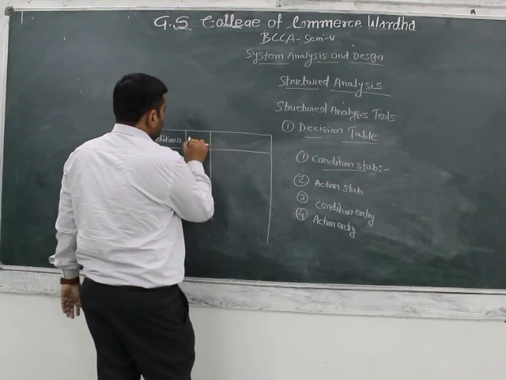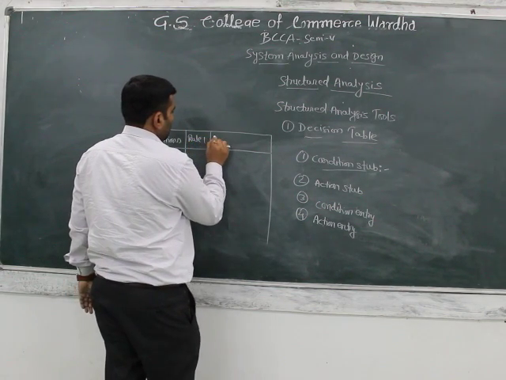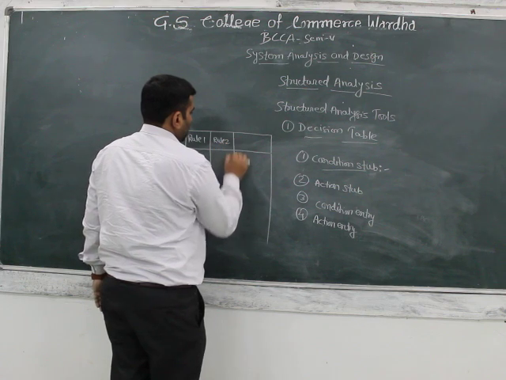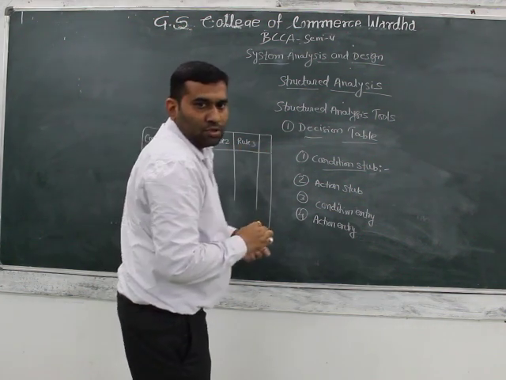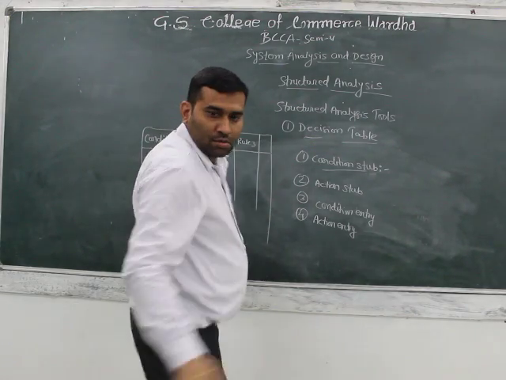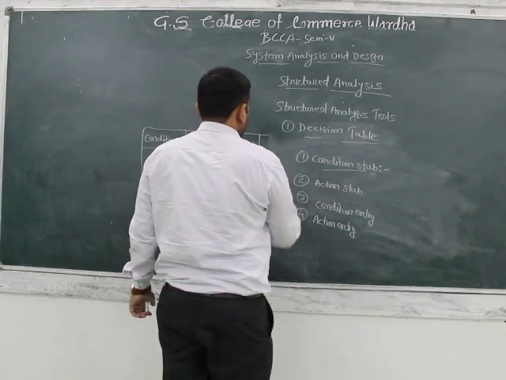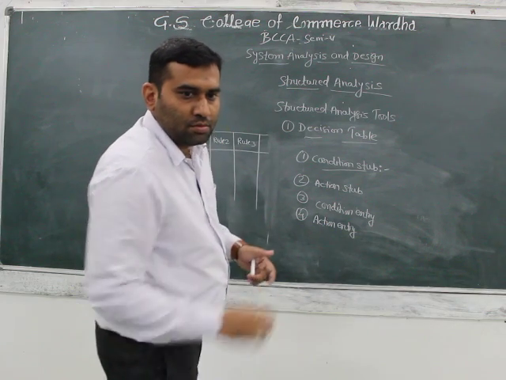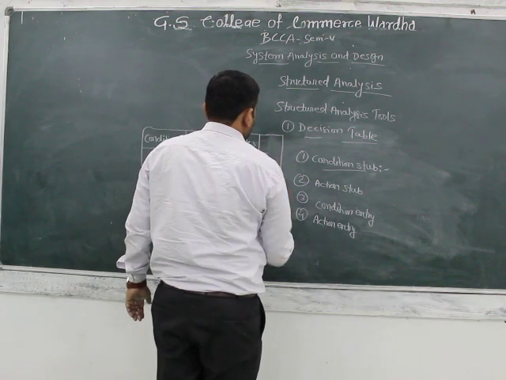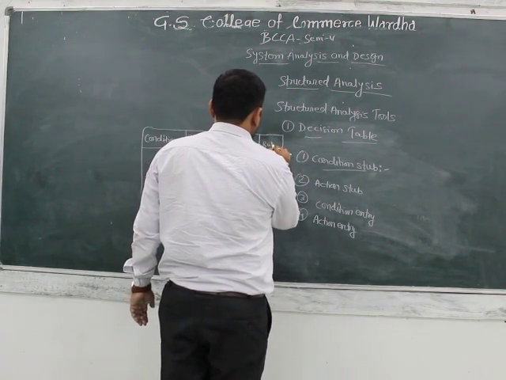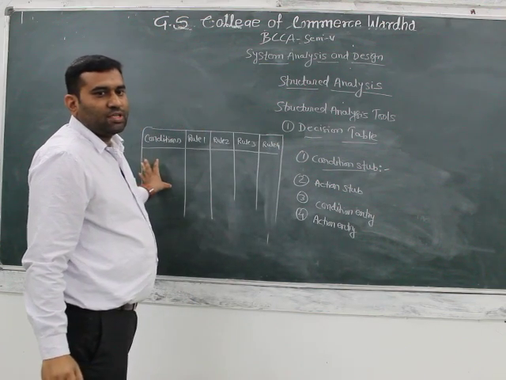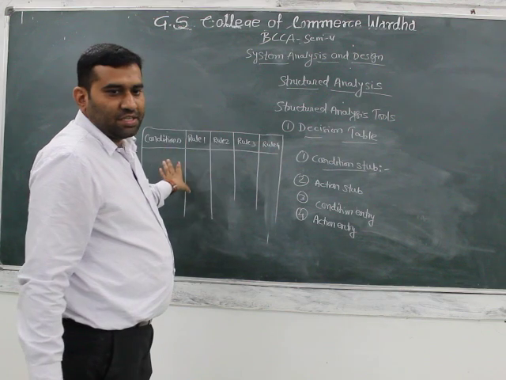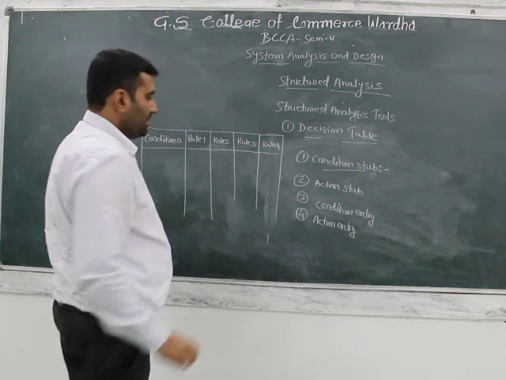Here is rule 1, rule 2, rule 3, and then rule 4. These are the decisions shown in the decision table.